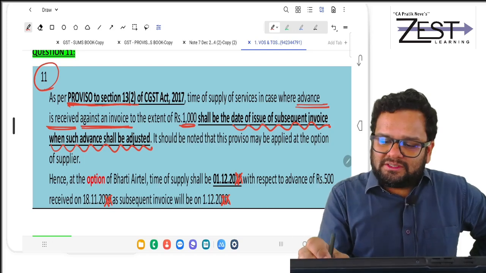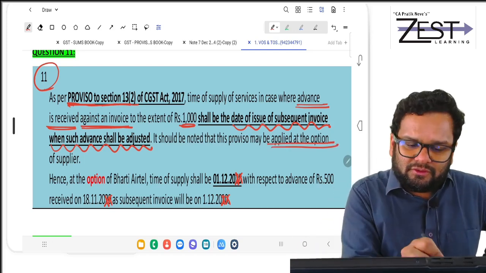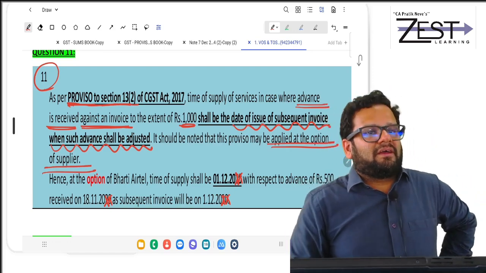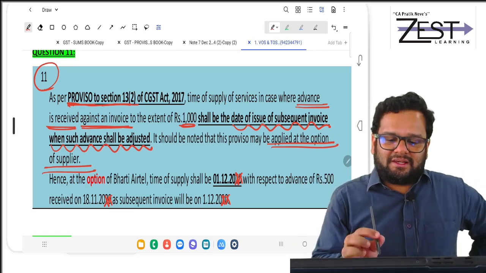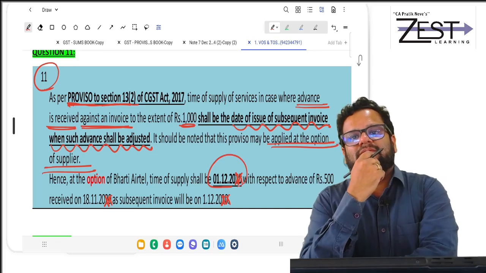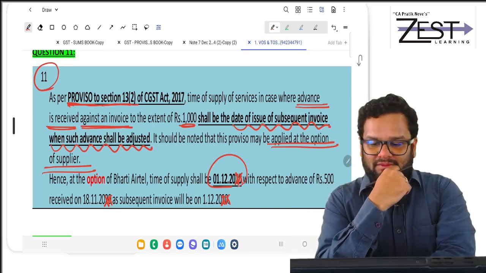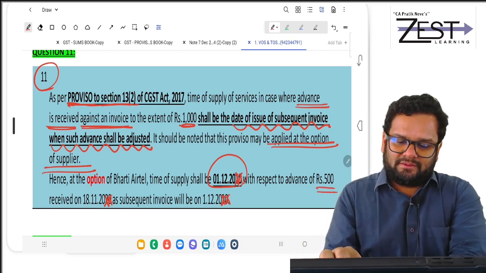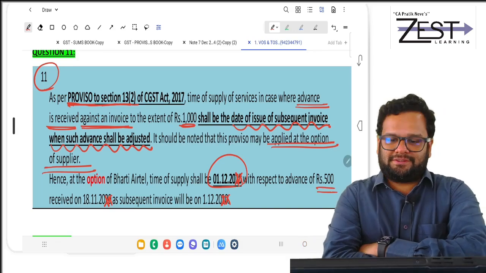This proviso is applied at the option of suppliers. Hence, at the option of Bharti Airtel, time of supply shall be 1st December with respect to 500. Complete this.